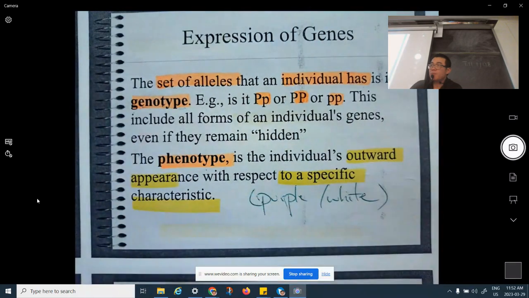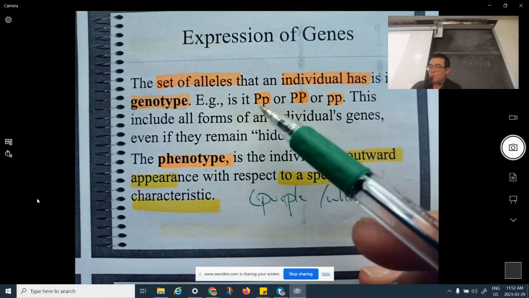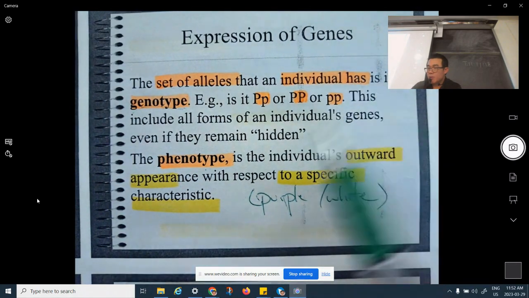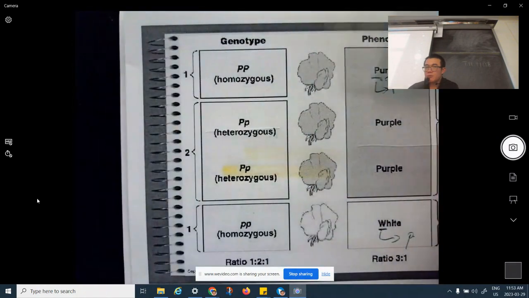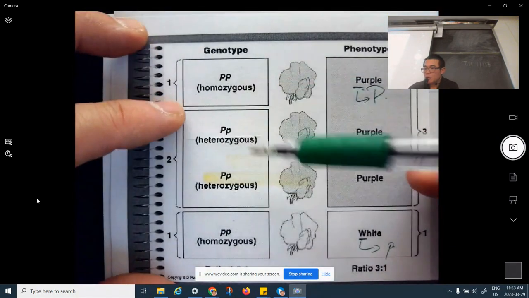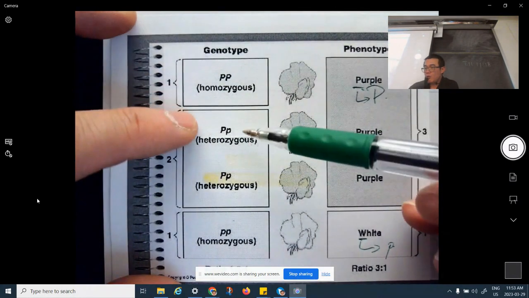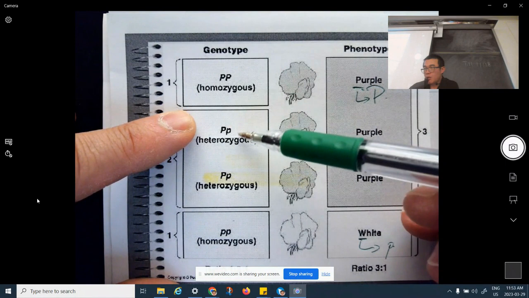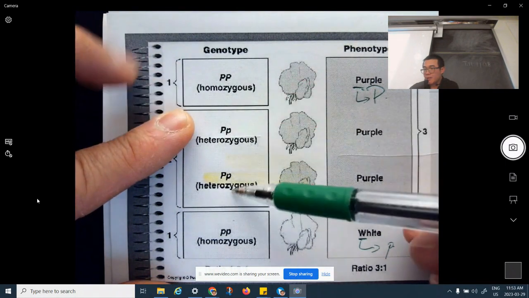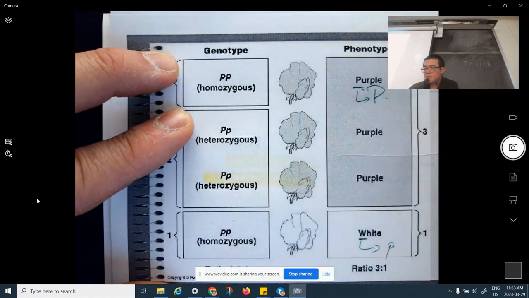So when we're talking about the genotype of a certain individual, you're talking about what kind of allele it has. For example, here you could have two copies of capital P, or one copy of capital P and one copy of lowercase p. Homozygous, heterozygous, but these situations will turn out to be a purple flower anyways.